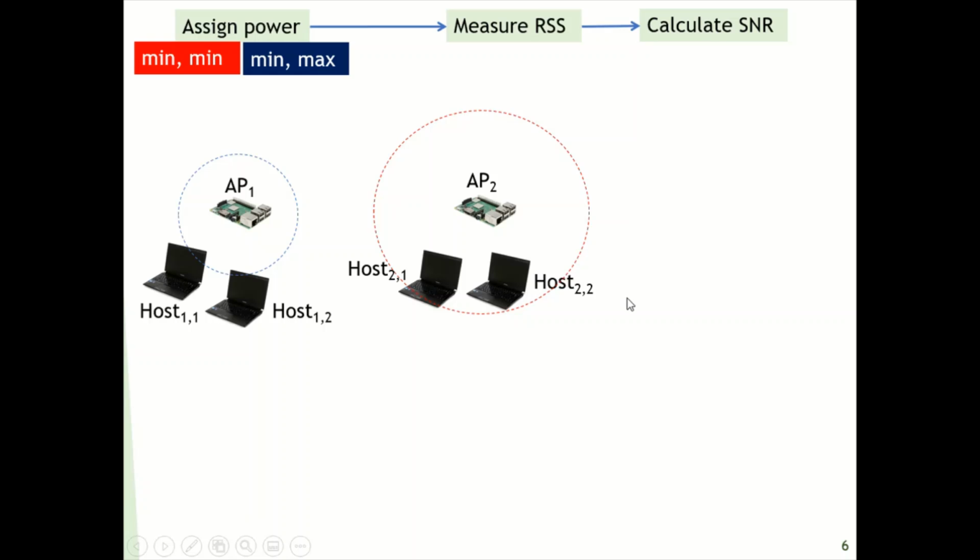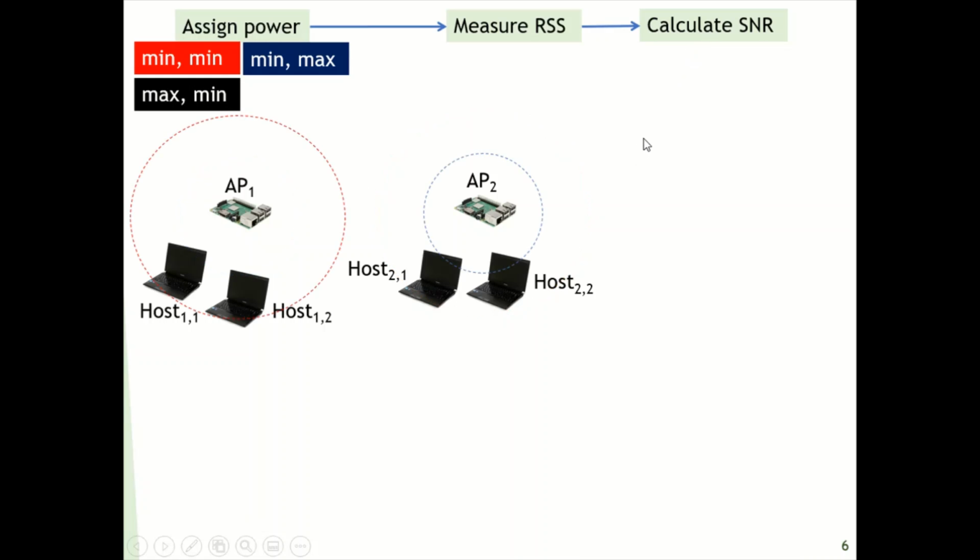Now we go to the second combination. Here we set AP1 to minimum and AP2 to maximum. The next procedure is the same as done in combination 1. We measure the RSS and calculate the SNR.